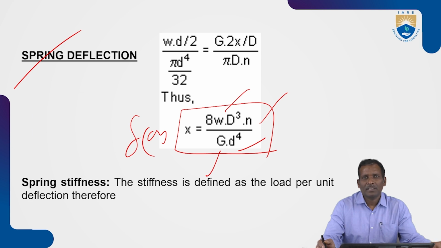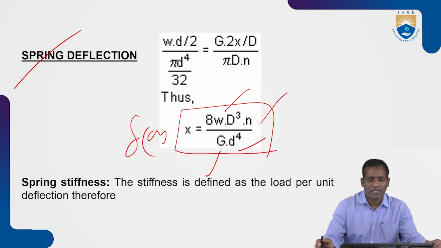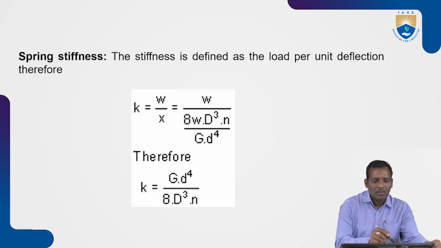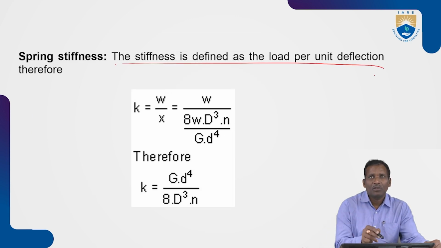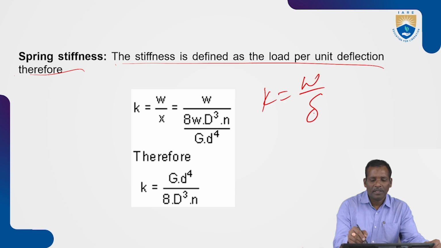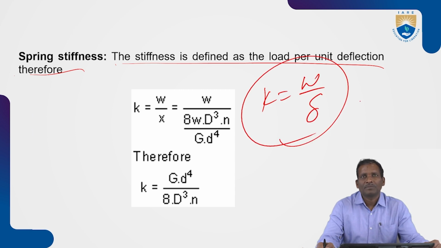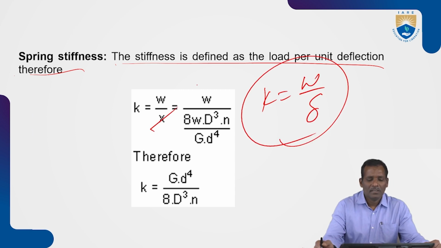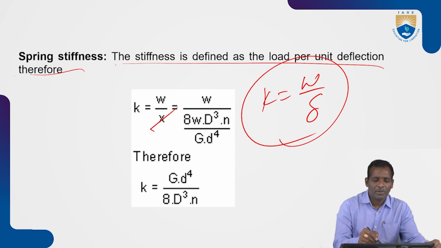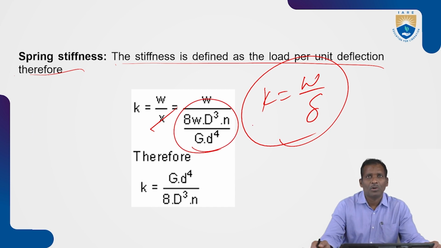Spring stiffness. The stiffness is defined as the load per unit deflection. K is equal to W upon delta or X. So already we have calculated delta is equal to 8 W D cube N by G d to the power of 4.